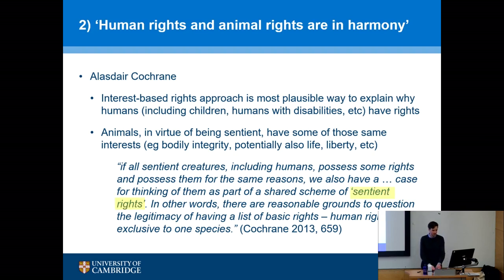In other words, there are reasonable grounds to question the legitimacy of having a list of basic rights, human rights, exclusive to one species. Do you see what he's doing here? He's saying, look, if it turns out, as he thinks is the case, that there is another ground, another foundation for rights, which is you being sentient and having interests that are sufficiently weighty to create rights, then we should start using the term sentient rights instead of human rights, because humans are not the only ones who have that relevant ground.